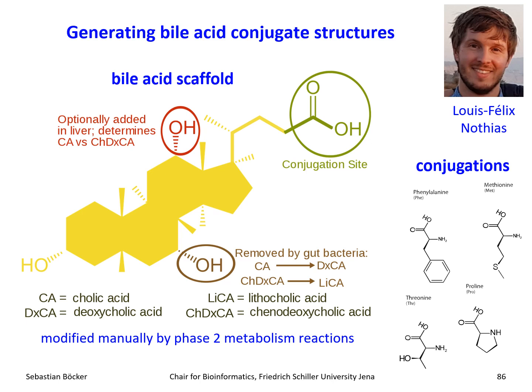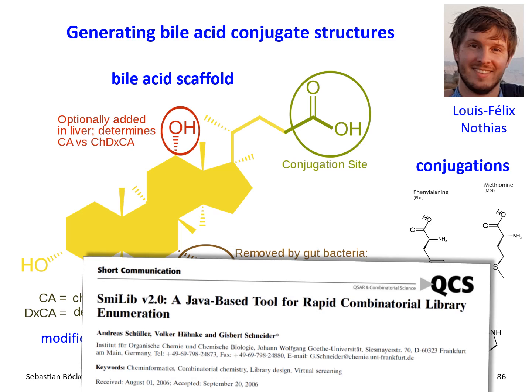He took different bile acid scaffolds. He considered different modifications of those scaffolds, say by phase 2 metabolism. He considered a large list of conjugations. And then he put all of that into a computer program, SmiLib. You could also do it with other means, but it doesn't really matter. He described to the program what he wanted to generate, and hit the run button, and off took the program and produced a rather long list of bile acid conjugate structures.